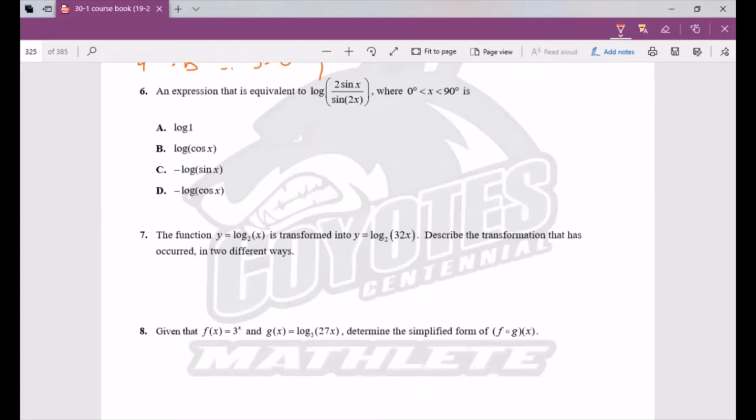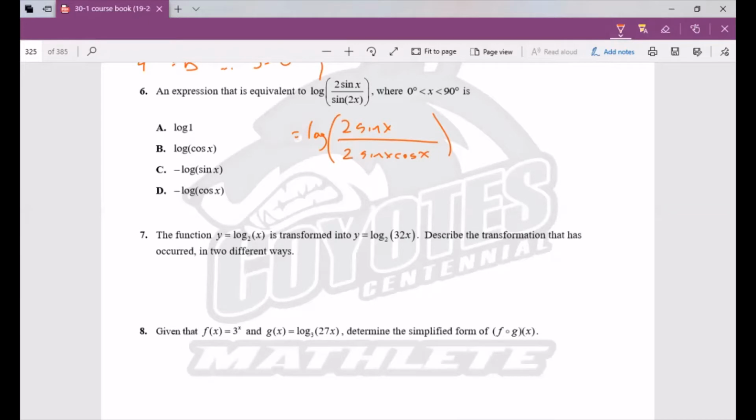Sine 2x is the easy double angle. Cos 2x is the one that has 3 different manifestations of which to pick. So therefore, this is equal to the logarithm of 2 sine x over, you go into your formula sheet and you realize that sine 2x is 2 sine x cos x, taking the logarithm of all of that.